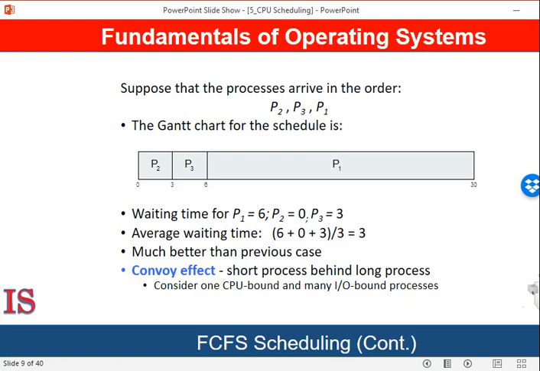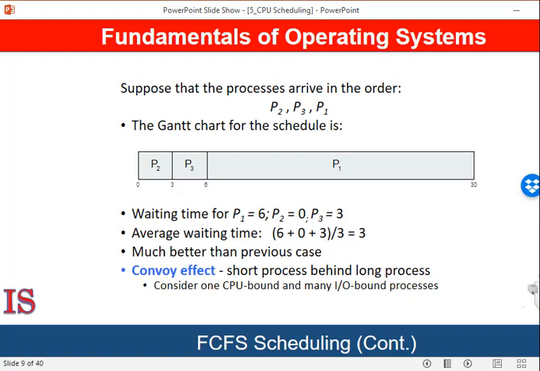The CPU-bound process will get and hold the CPU. During this time, all the other processes will finish their input-output and will move to the ready queue waiting for the CPU. While the processes wait in the ready queue, the I/O devices are idle.